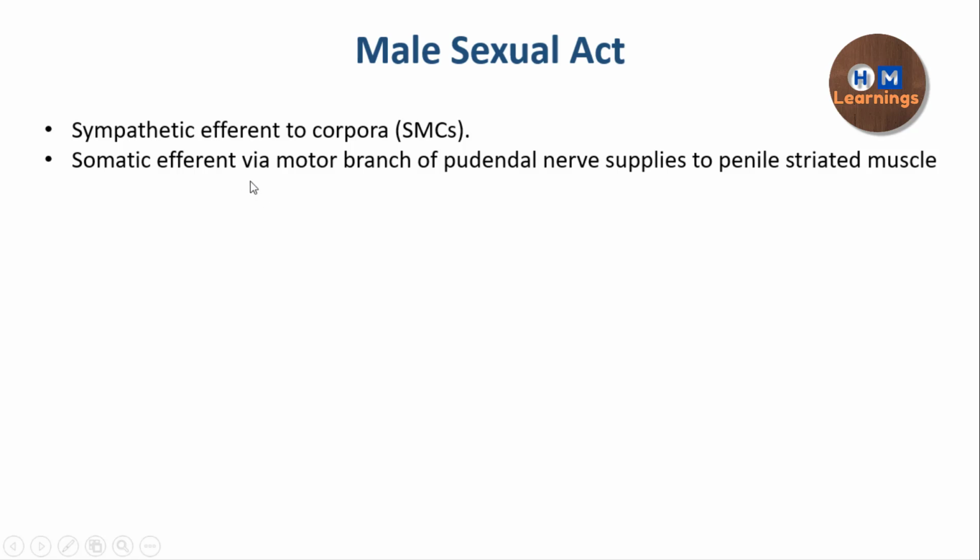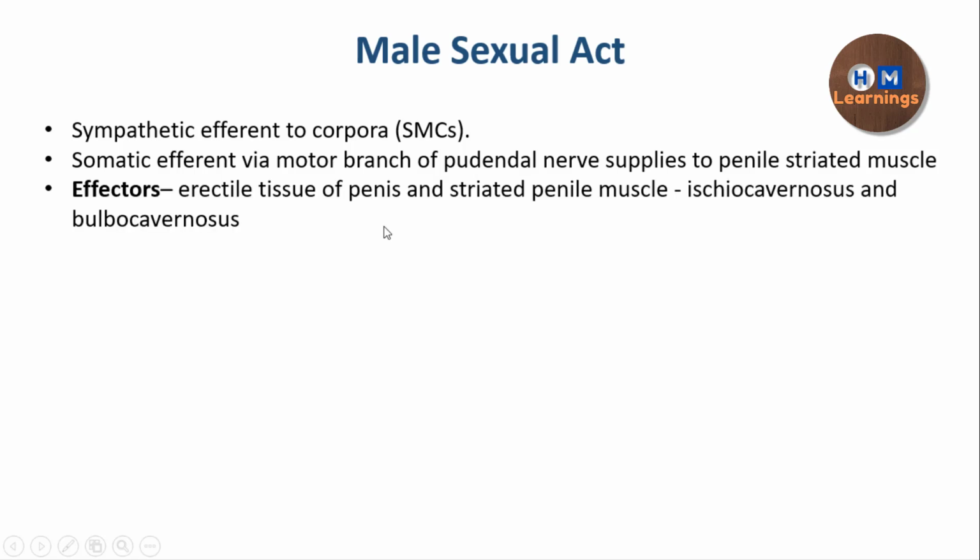And the somatic efferent is also there, which is a motor branch of the pudendal nerve. So the pudendal nerve is a kind of mixed nerve. It has a sensory branch also, which takes the sensations from the male genitalia, both external and internal, as well as the motor part, which goes to the penile striated muscles.